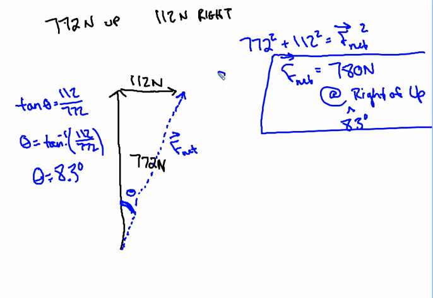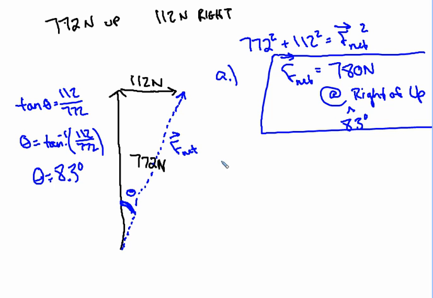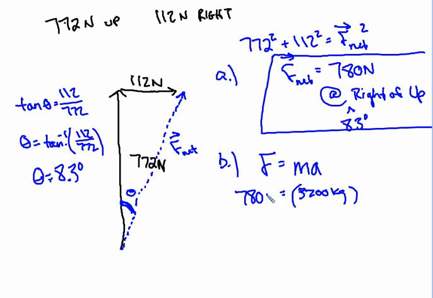That is part A. And let's remember what part B is. If the car has a mass of 3,200 kilograms, what acceleration does it have? That one's going to be quick. Force is equal to mass times acceleration. The mass is 3,200 kilograms. Force, 780 newtons is the net force.